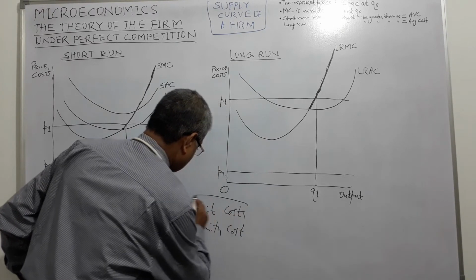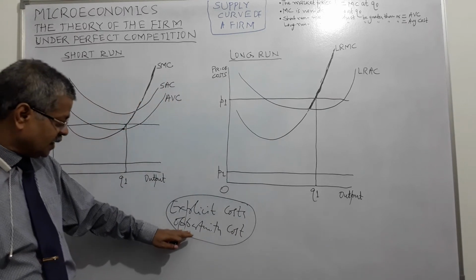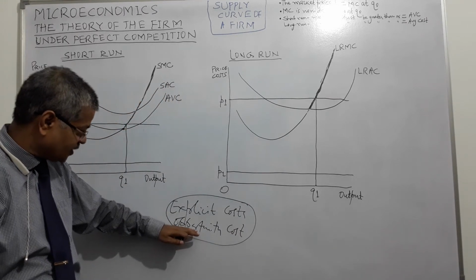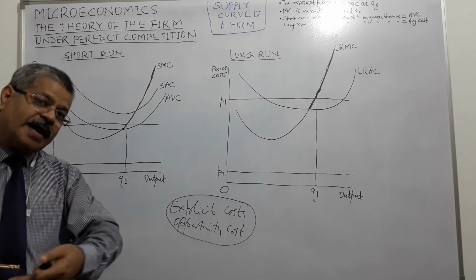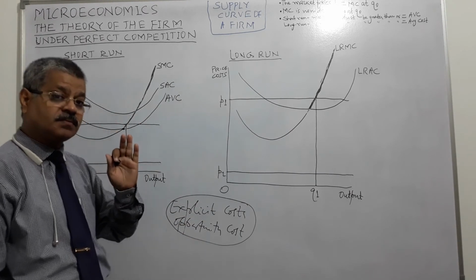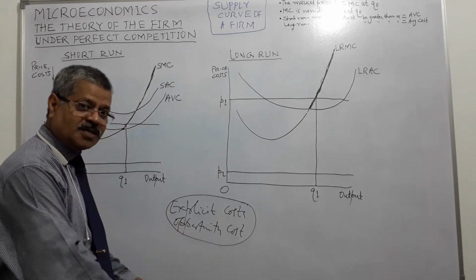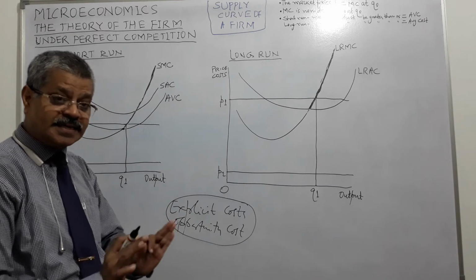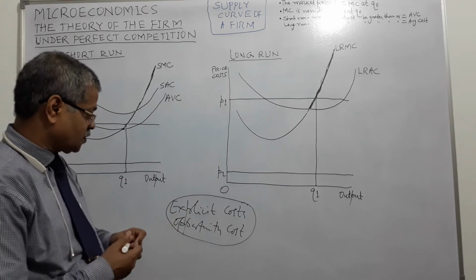Right? Explicit cost, opportunity cost. Because had I used that resource which was owned by me for some other activity, I would have gained some return. But it didn't happen. I used it in my own business for which I didn't get any return. That is called opportunity cost.